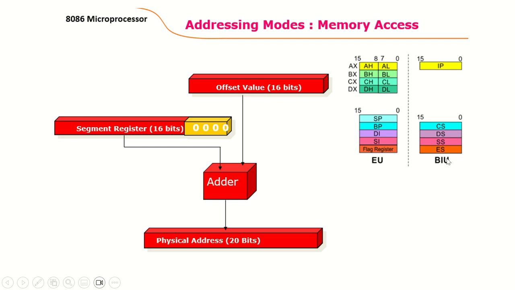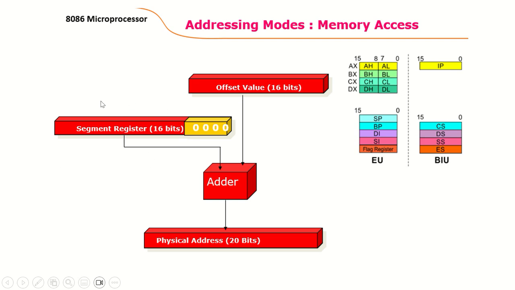So the 16 bit value of the offset registers is added to the segment registers like CS, DS, SS, ES, they are called segment registers. The segment register contents will be left shifted by 4 bits, zeros are added to the rightmost position, and then it is added to the offset value, and the 20 bit physical address is generated.